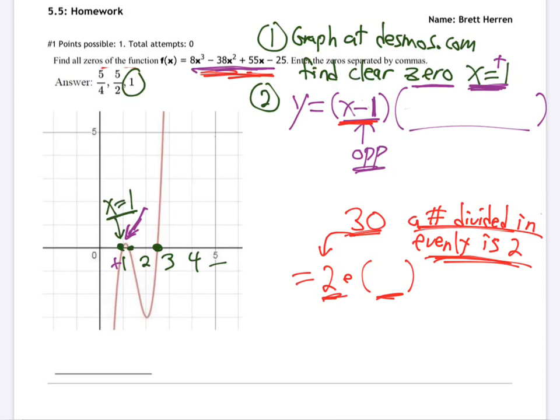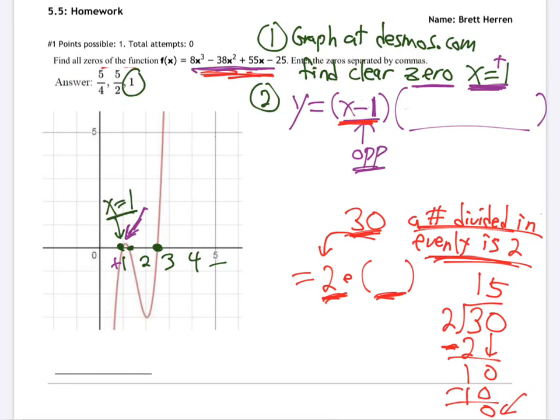You would have to long divide. You would say 2 goes into 30, 1 times 2 is 2, subtract, bring down the 0, 2 goes into 10 five times, 2 times 5 is 10, it goes in evenly, 0 remainder. Oh, 15, 2 times 15, right? That's how you would find it: you would divide.